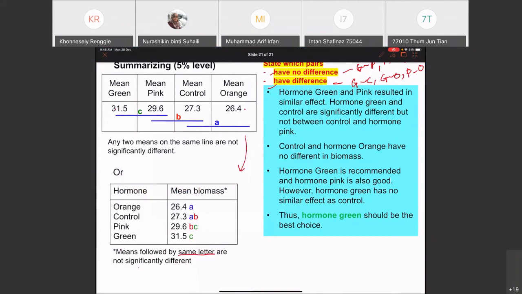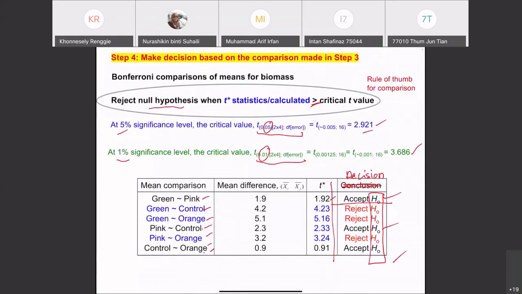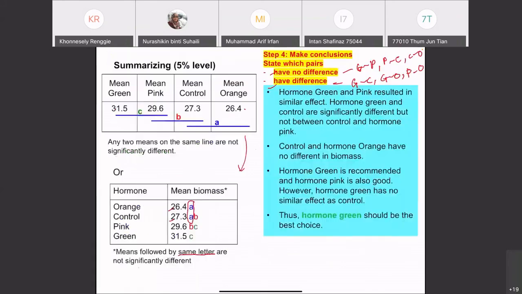So if you have the same letter, like 26.4 and 27.3, both of them have A, it means they are not significantly different. They are not different because if you see back your decision here, you accept the null hypothesis. It means there is no difference between green and pink. Does it tally with this description? That's what you have to understand.